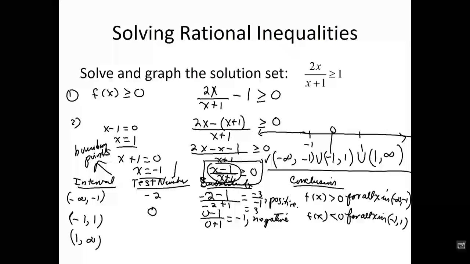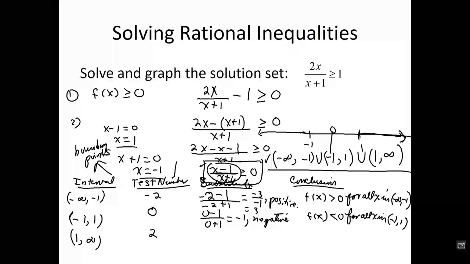And now, in the last interval, the set of all numbers greater than 1, let's choose 2. We're in this interval now, so the test number is 2. Let's evaluate x minus 1 divided by x plus 1.